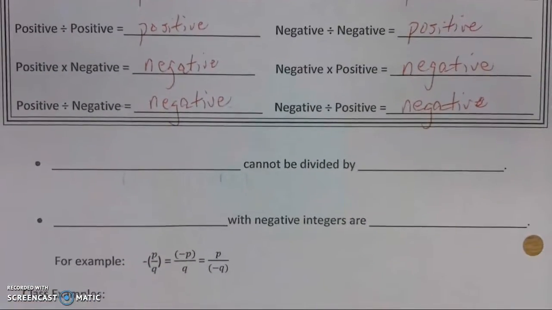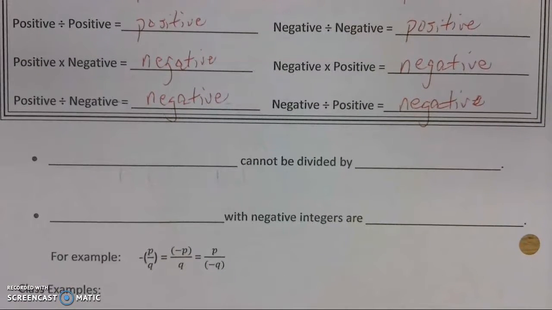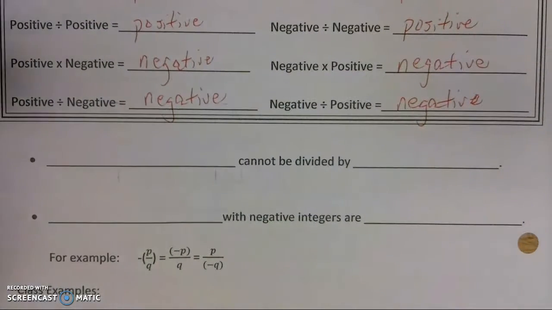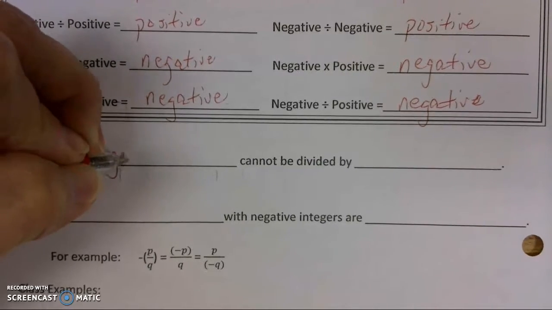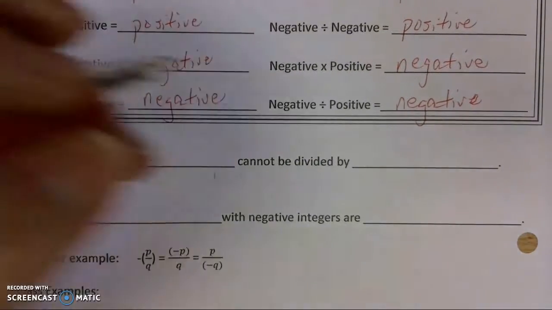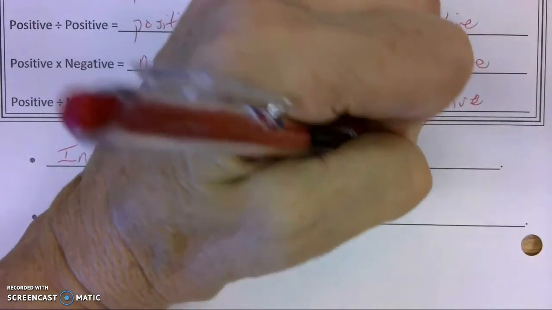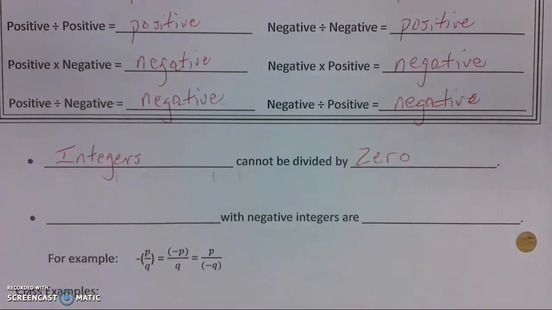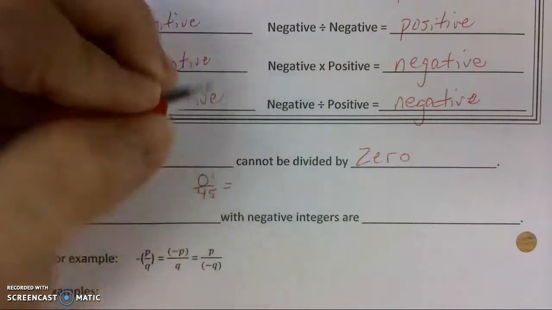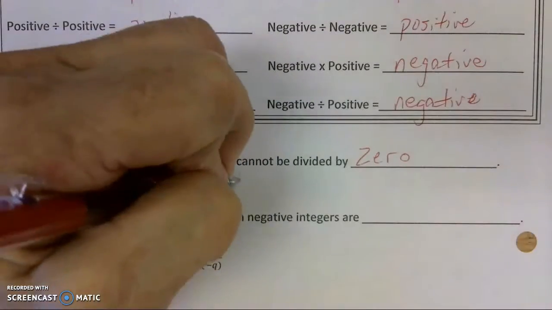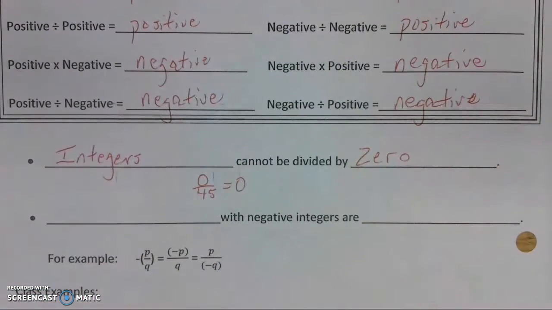Now, a couple things we need to remember when we're working with multiplication and division. First of all, integers cannot be divided by 0. Okay, it is impossible to divide by 0. Now, be careful, because I can divide 0 by a number and I will get 0.